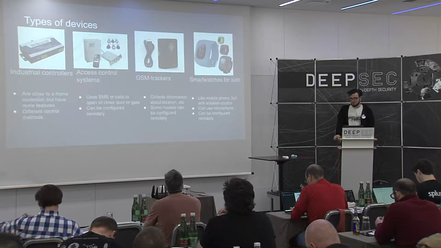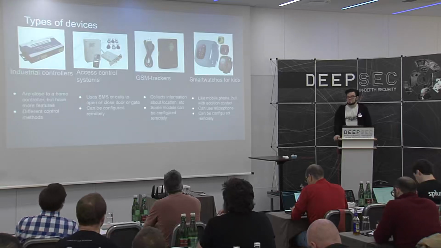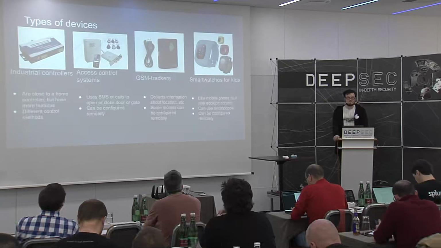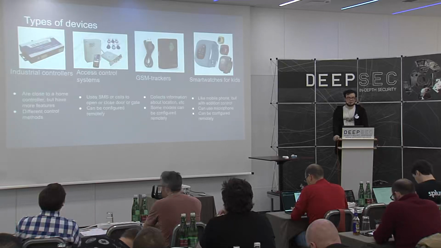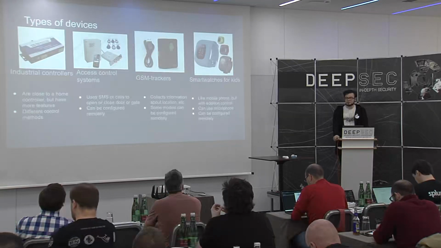And we have different smartwatches for kids. It is a bit of a new device, and the main idea is that you buy this device, the kid wears it, and you get information about location. Sometimes you can use the microphone to listen to the environment. Sometimes you can send some information and make some calls.